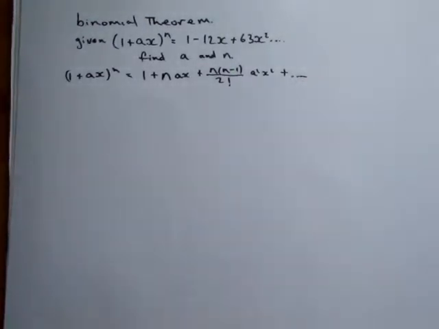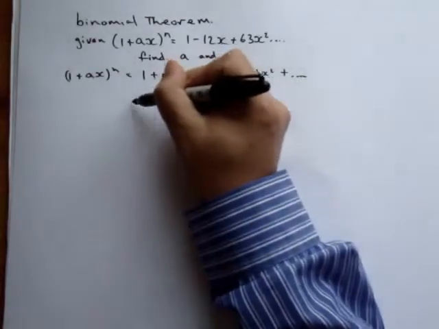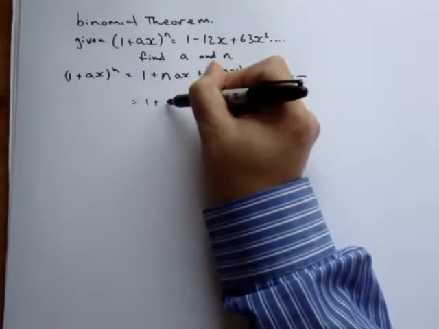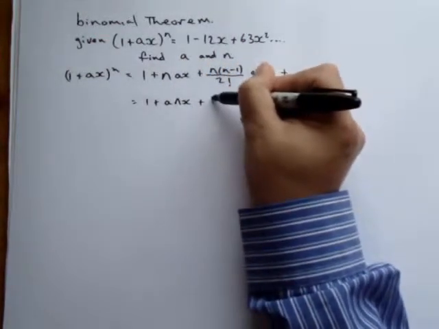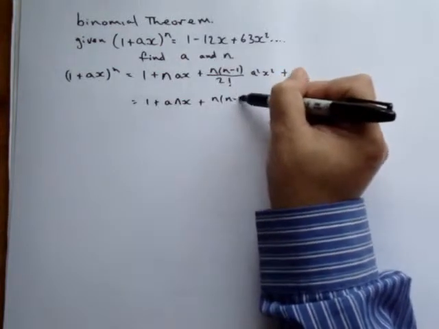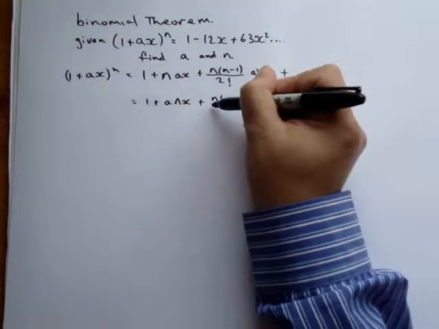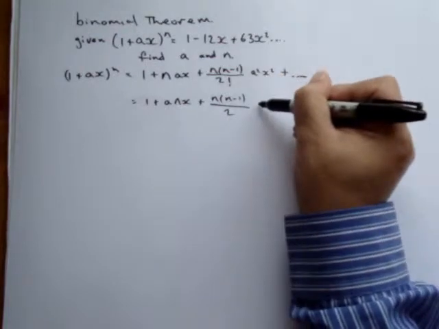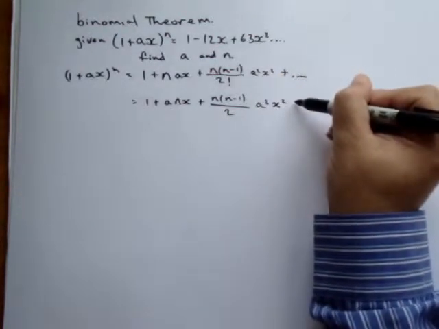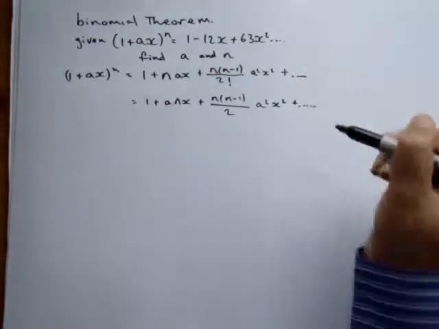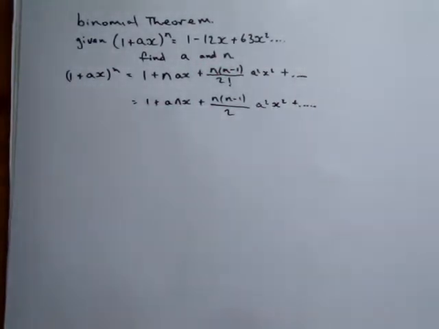So this then is the same as 1 plus a n x plus n minus 1 over 2, because 2 factorial is 2, and then a squared x squared plus, and then it continues.